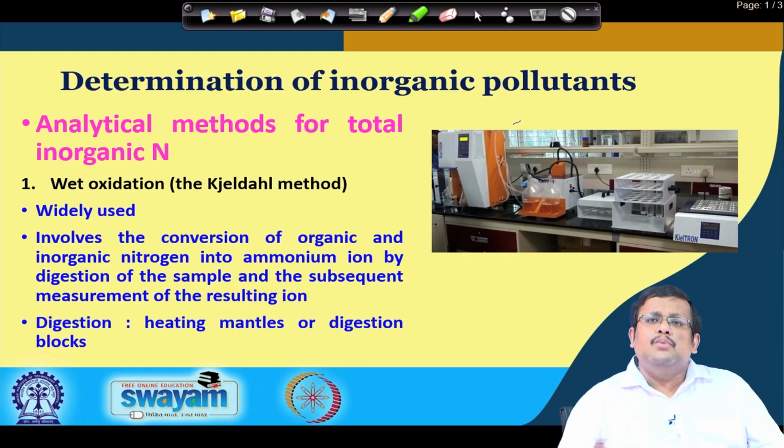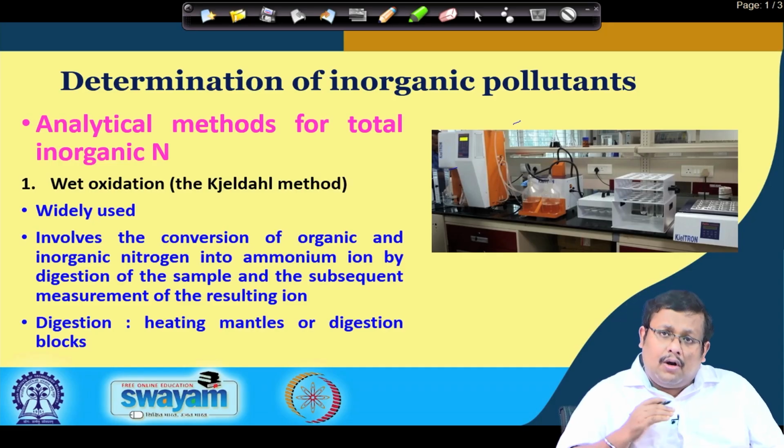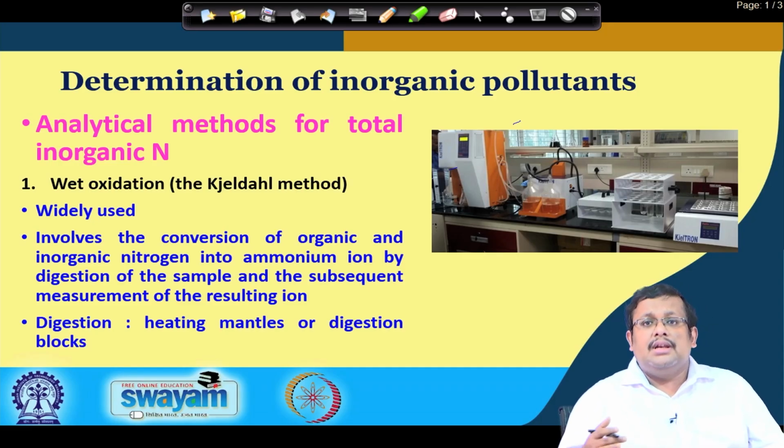So, this wet oxidation method or Kjeldahl method is a widely used technology, and it involves the conversion of organic and inorganic nitrogen into ammonium ion by digestion of the samples and the subsequent measurement of the resulting ion. In most soil chemistry laboratories, you will see that this instrument is present, and this Kjeldahl apparatus is sometimes automated, sometimes manual.